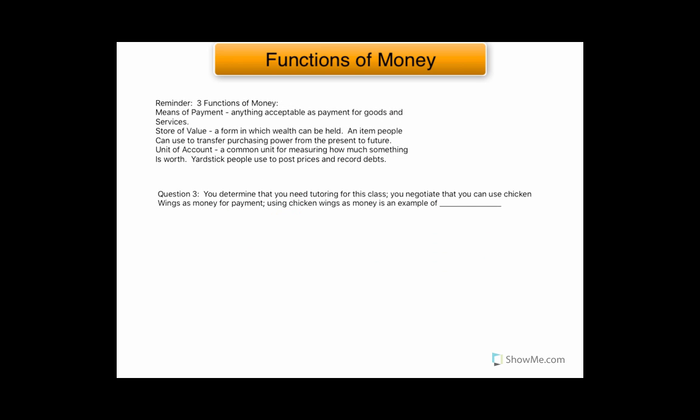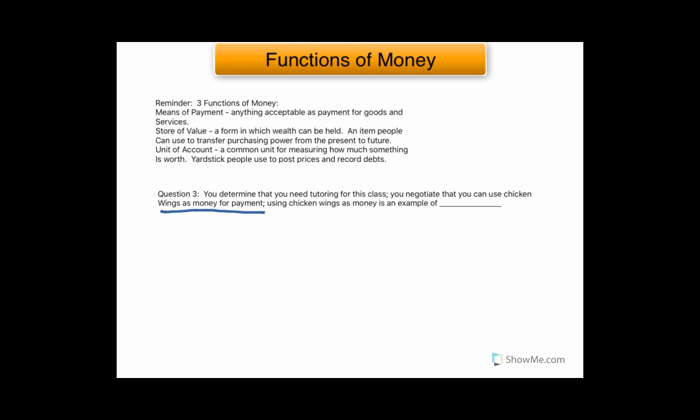And then our third example, you determine that you need tutoring for this class, so you negotiate that you can use chicken wings as money for payment. Again, the question is, what function of money are we using here? While this one may seem a little out of the ordinary, it does say that we're using chicken wings as money for payment. So we're essentially defining chicken wings as the currency here.